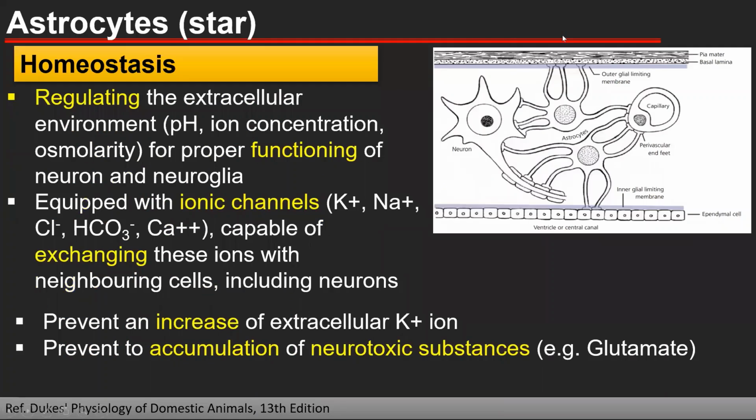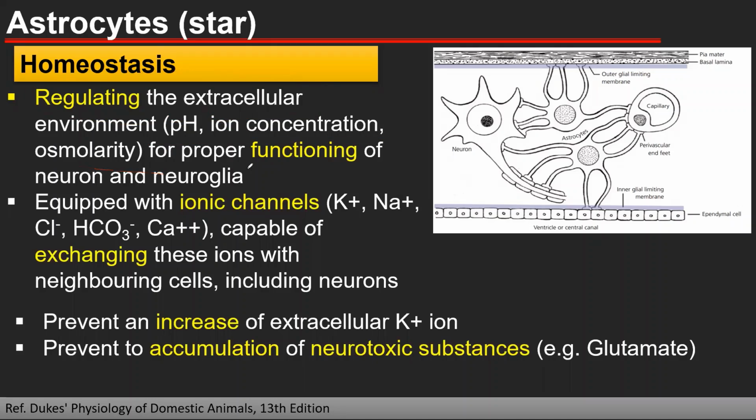Then homeostasis. We have said that it regulates the extracellular environment for proper functioning of the neuron: the pH of the extracellular fluid in the nervous system, ionic concentration, osmolality.